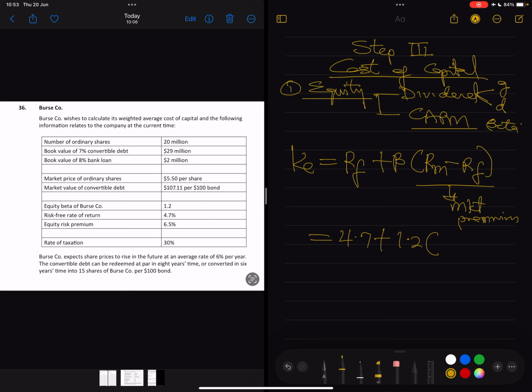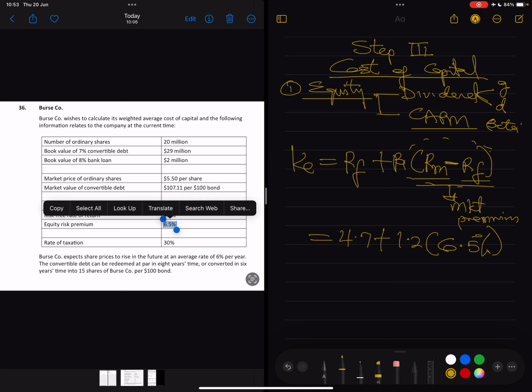Because you have invested in the market, which is riskier, you are getting a higher return from the market than risk-free. So the additional return you are getting is the premium, which is the whole of this bracket. And that premium has been given to be 6.5%.